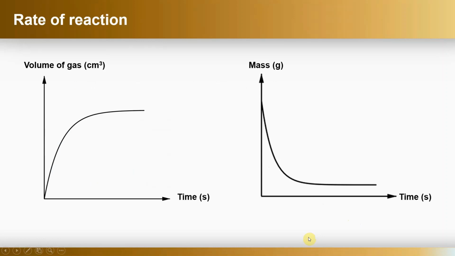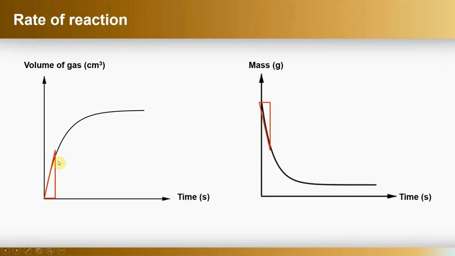Now let's look at these two graphs in detail. We want to look at the rate of reaction by just looking at the shape of the curve. We want to look at the gradient of the curve at different points. So let's start with the starting point. We draw a triangle to show the tangent or the gradient.